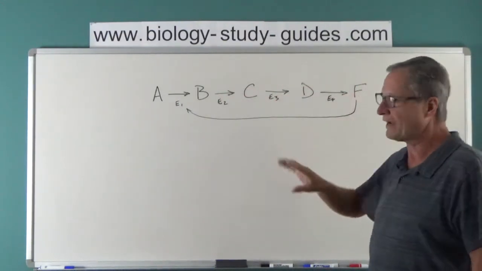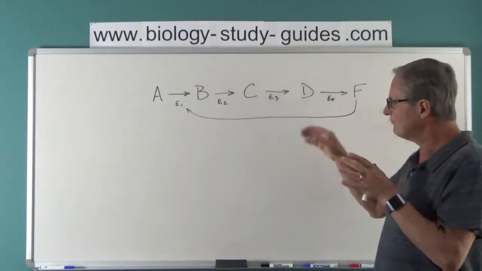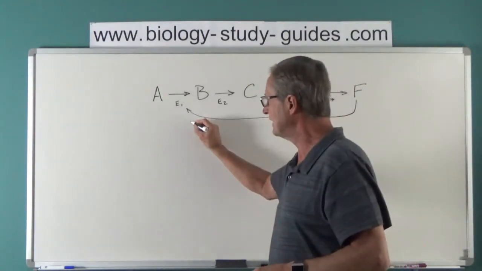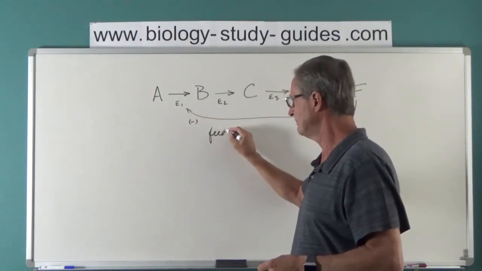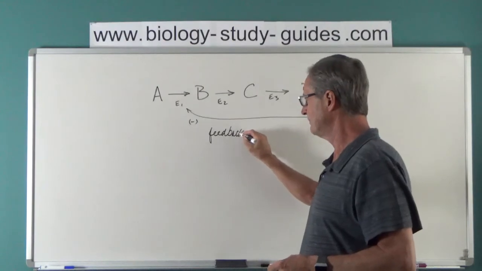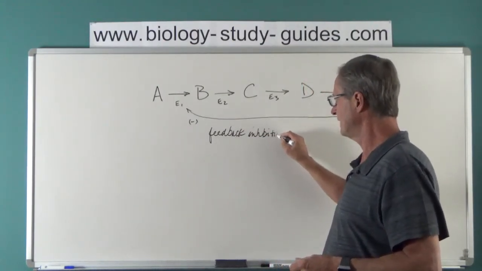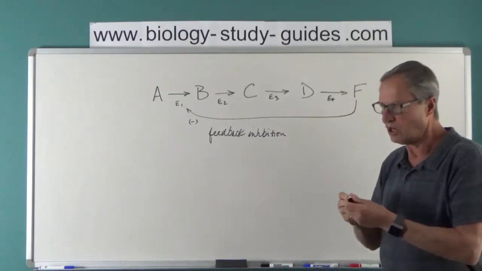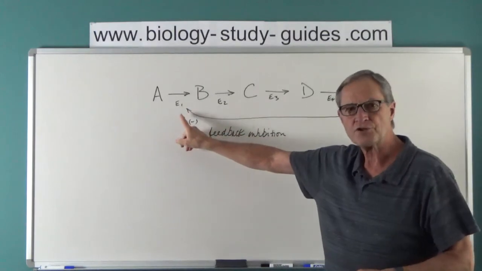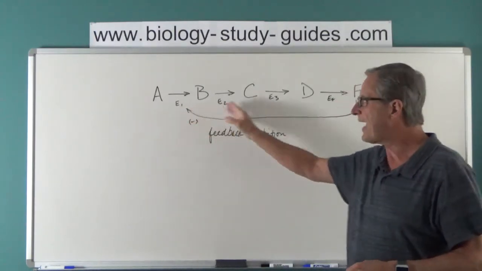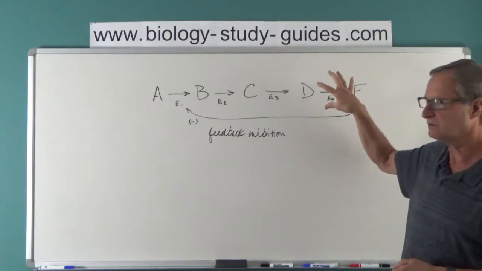This is called negative feedback, or feedback inhibition. Feedback inhibition is where a product inhibits the first enzyme in the pathway that's dedicated to the production of that product.